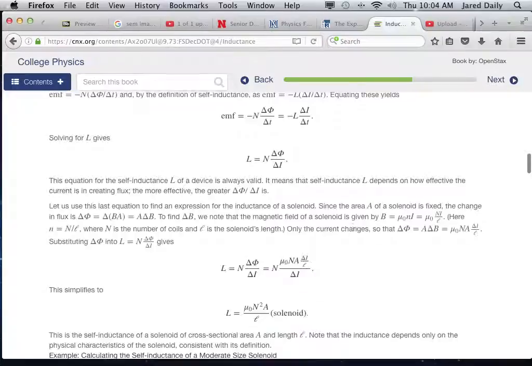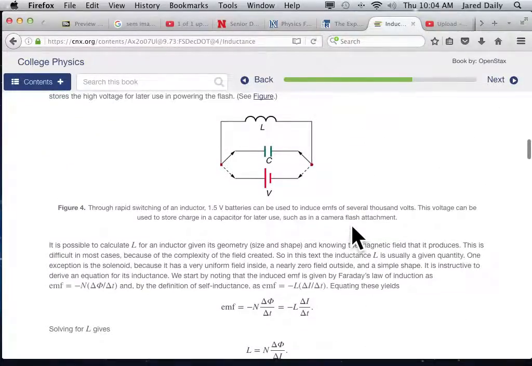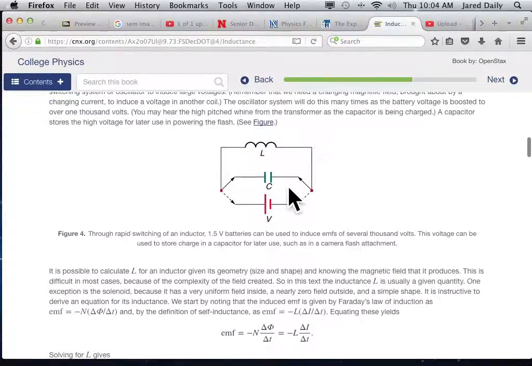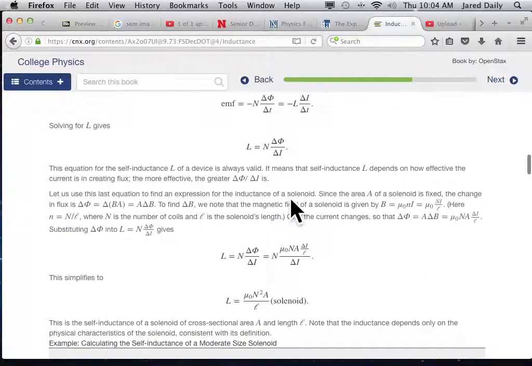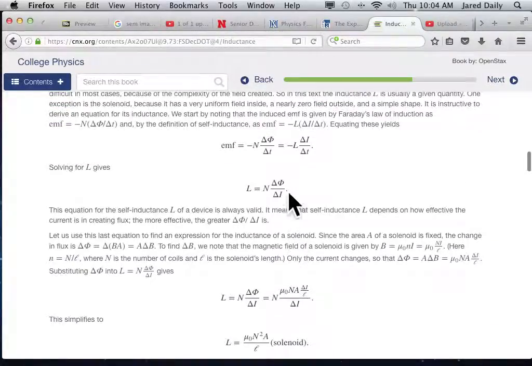And in this particular situation here, they're actually comparing the current to the self-inductance. And when you do that, you can actually solve for the self-inductance as a value of the flux going through, which is going to be the area of the coil. The area of the coil is going to be involved in the flux. Also, the changing magnetic field will be a part of that, but also the number of coils.